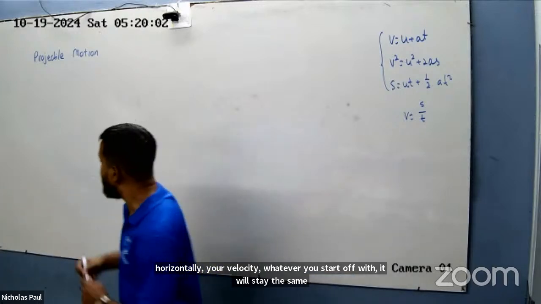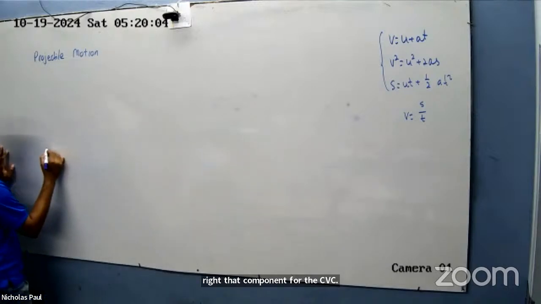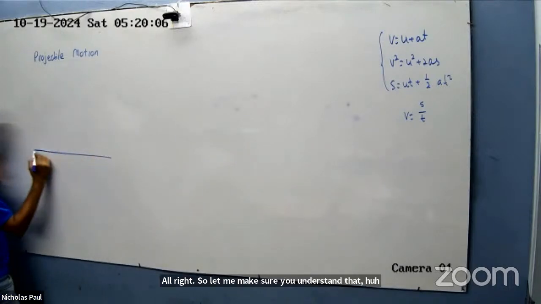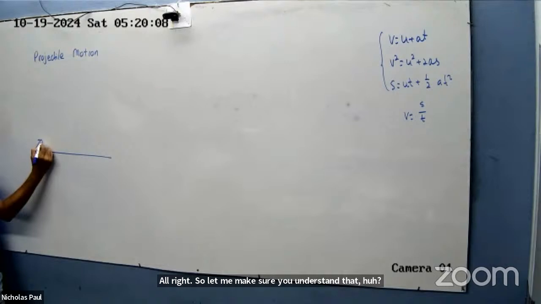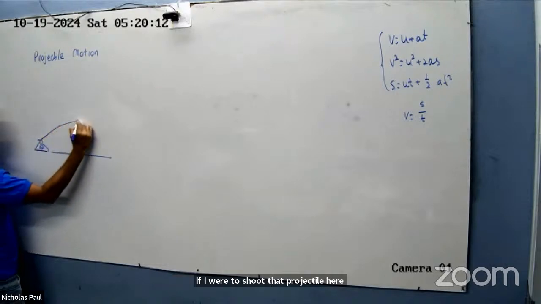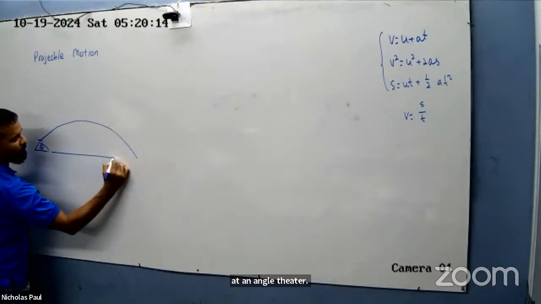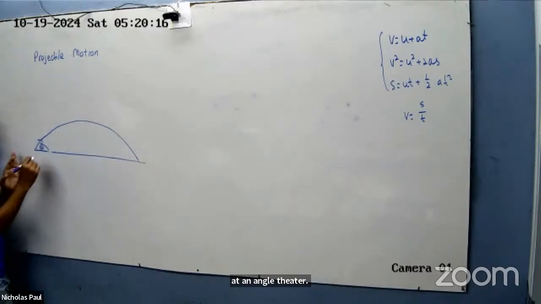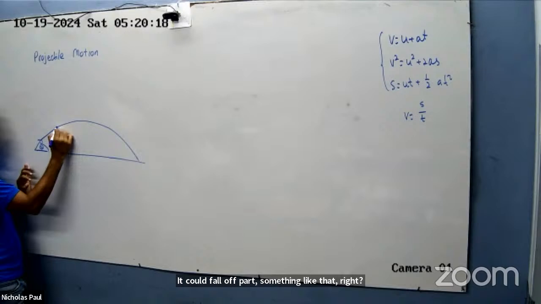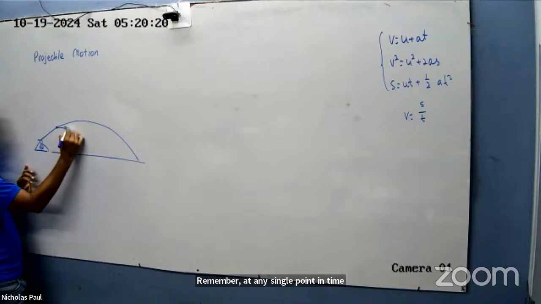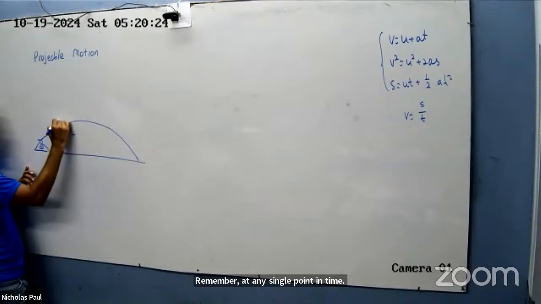All right, let me make sure you understand that. If I were to shoot a projectile here at an angle theta, it will follow a path something like that. Remember, at any single point in time, there is a horizontal component and a vertical component.